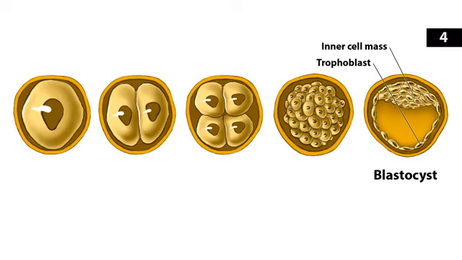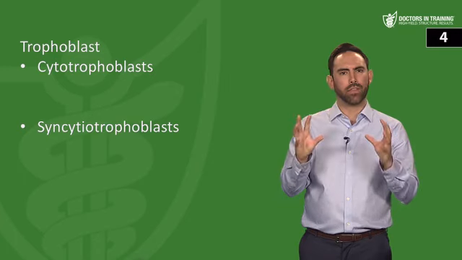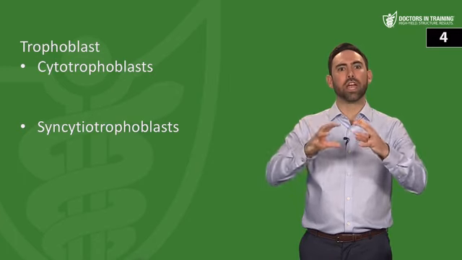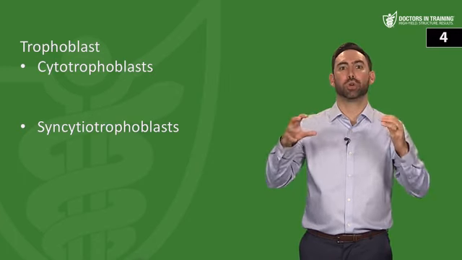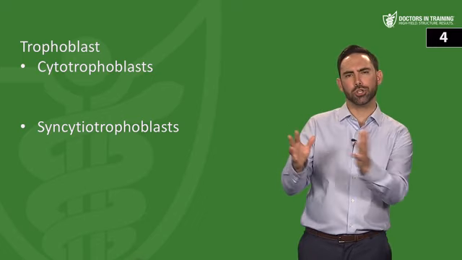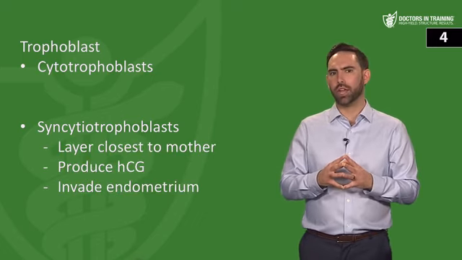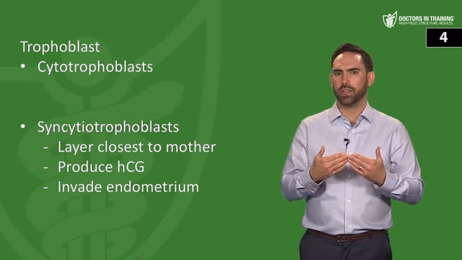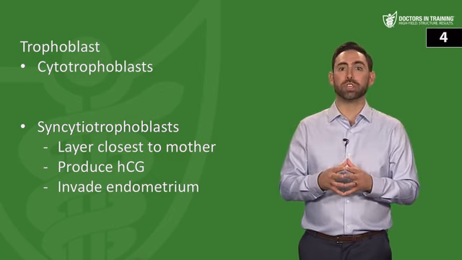Let's move on and talk about gestational trophoblastic disease. Remember that the blastocyst has an inner cell mass that becomes the fetus, and then there's the outer trophoblast. And the trophoblast is composed of the cytotrophoblasts and the syncytiotrophoblasts. The syncytiotrophoblasts make up the layer that's closest to the mom. These are the cells that produce HCG.